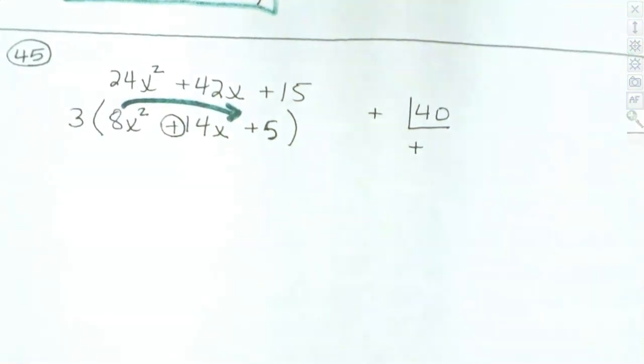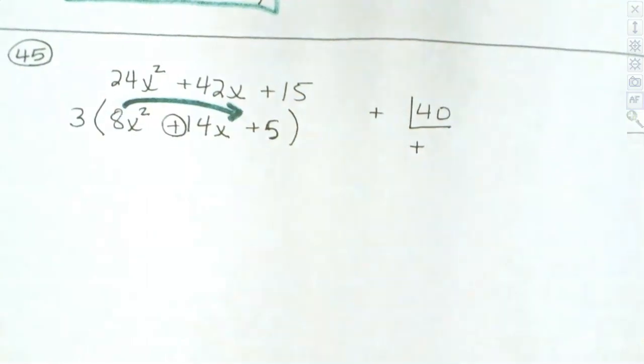What two numbers multiply together to give me 40, add together to give me 14? Can anyone come up with the two numbers? Add together to give you 14, multiply together to give you 40. Well, we needed 10 and a 4, right? Now, where did I know where to begin on this one?